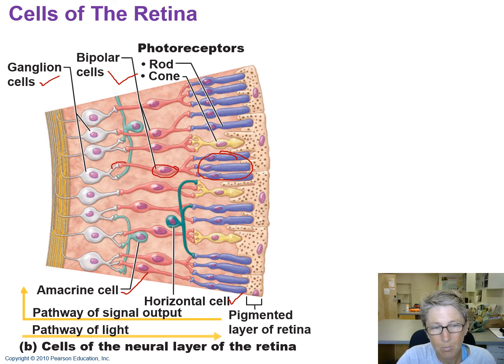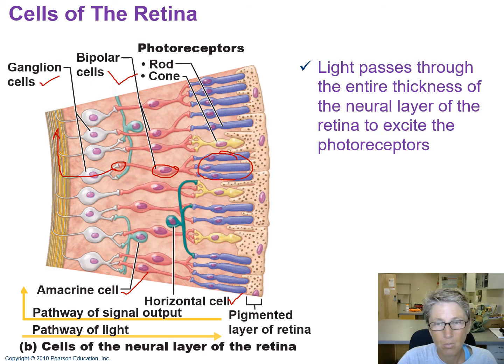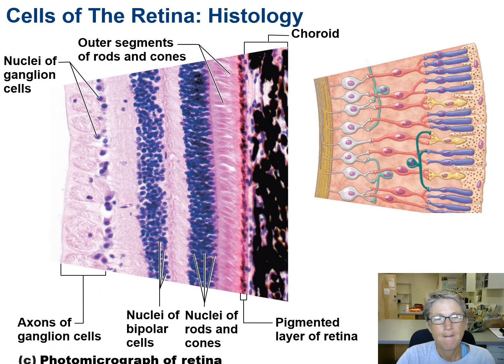Bipolar cells synapse with ganglion cells, and then ganglion cells will send information about that light wave through the optic nerve back to the visual cortex. Light passes through the entire thickness of the neural layer of the retina to get to the photoreceptors. I said that earlier.